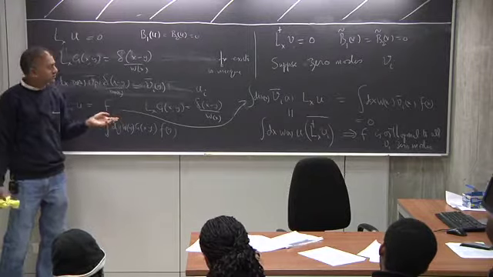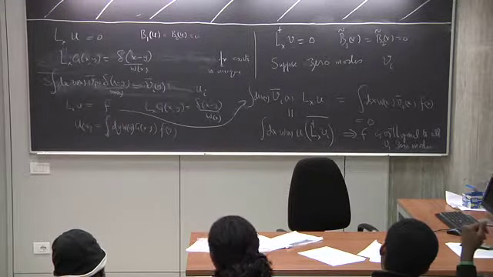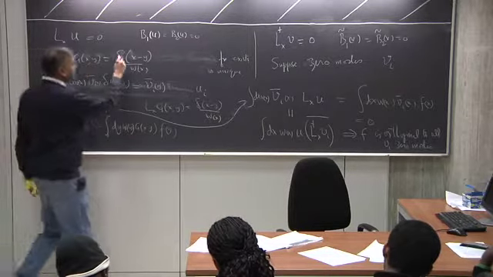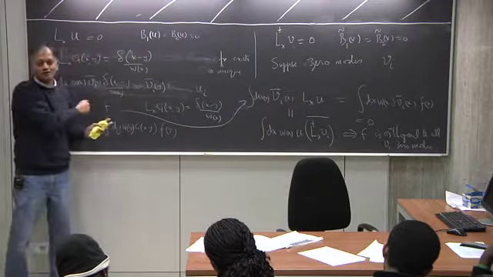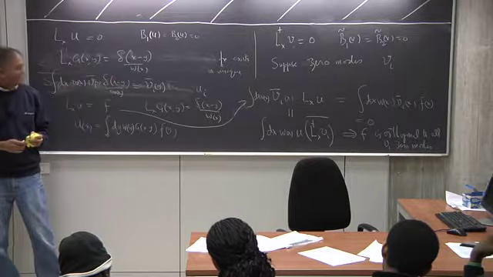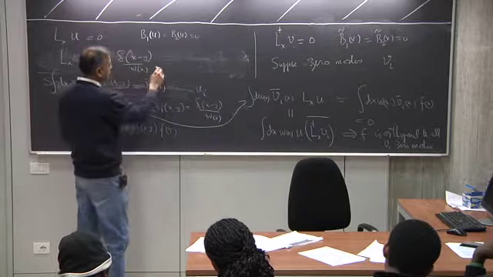Okay, so now this also suggests how we can define a generalized Green's function. What we want to do is replace the right hand side by something which is orthogonal to all the 0 modes of the L dagger operator, and then you can see what one should do.